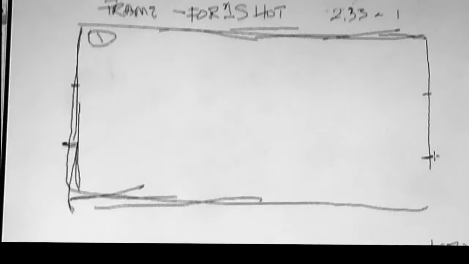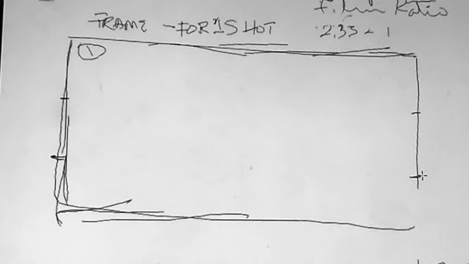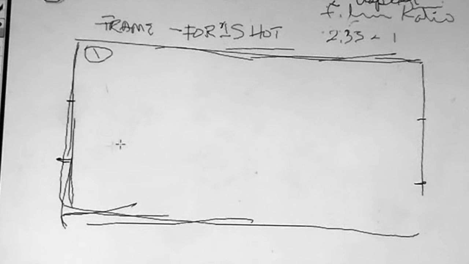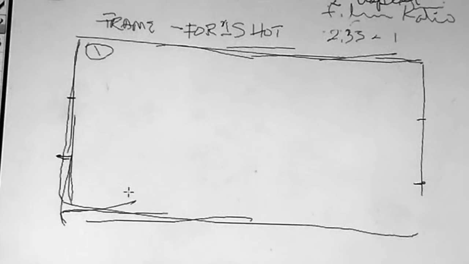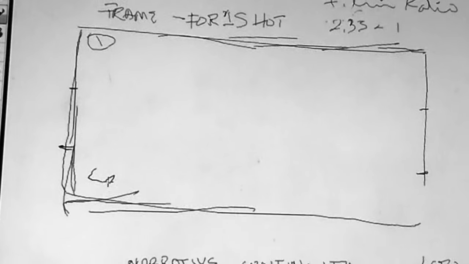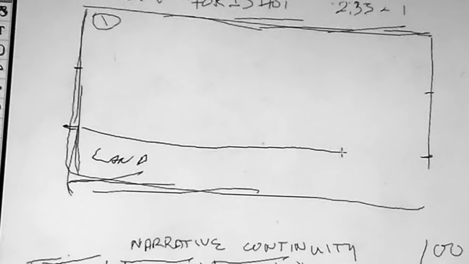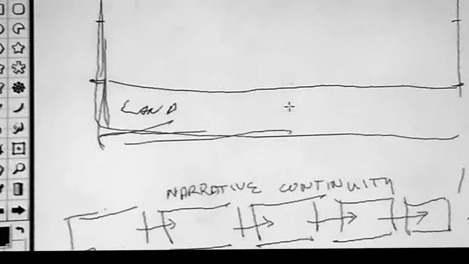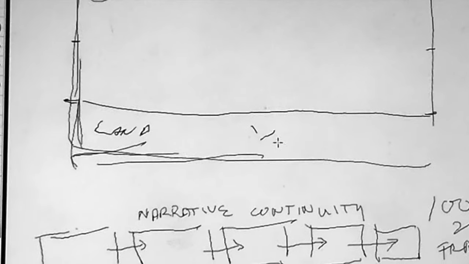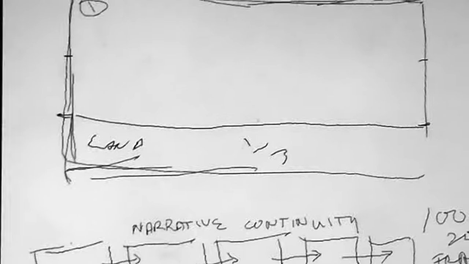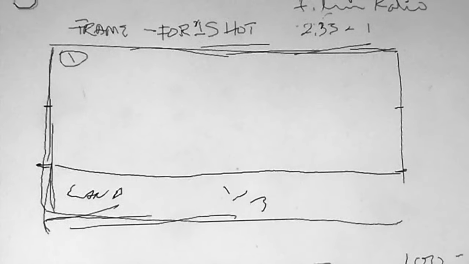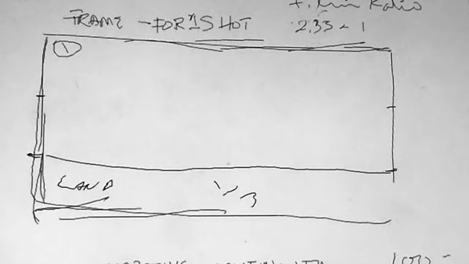Now in any professional composition, if we're doing a landscape, this is my land. That's going to take up the bottom third of our rectangle. This is sometimes called the divine proportion.